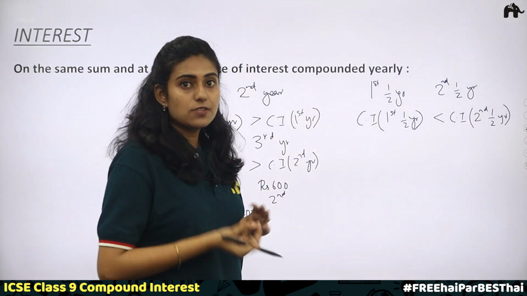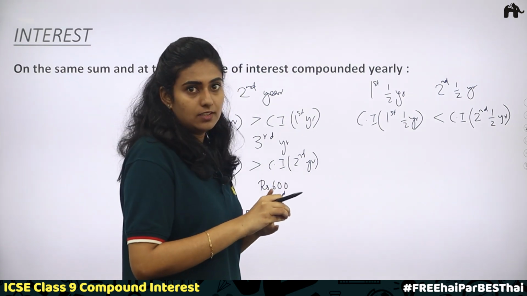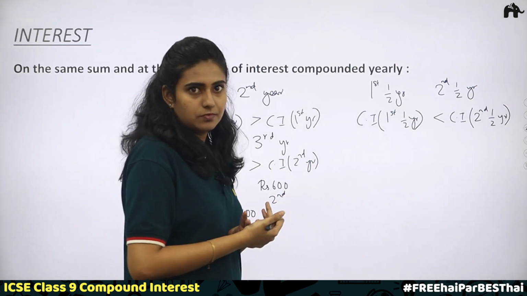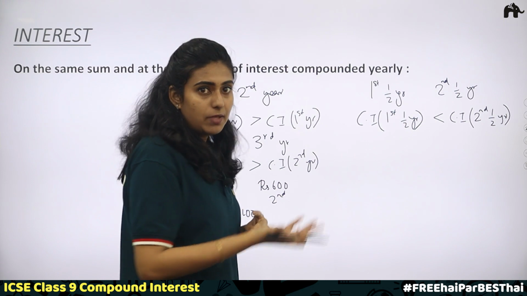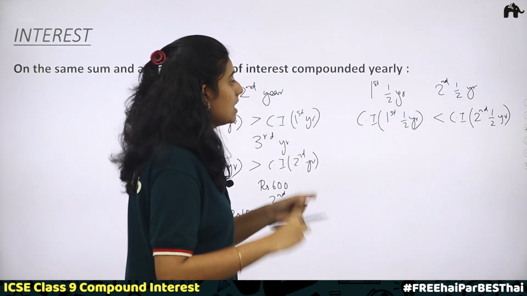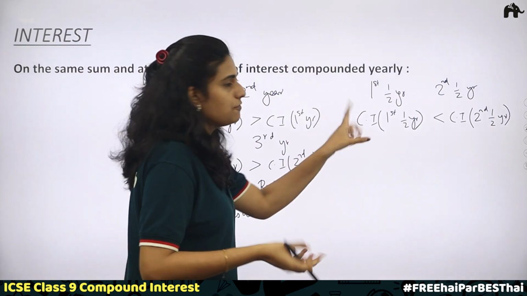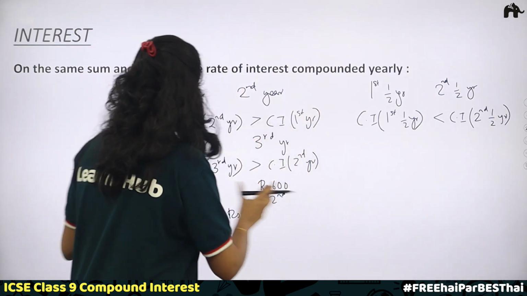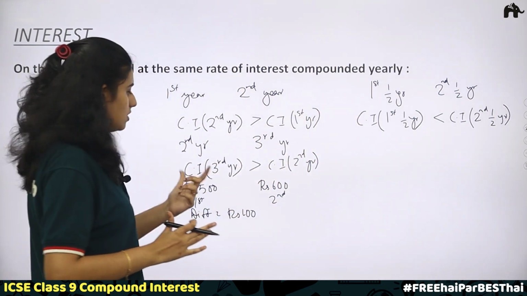Similarly, the compound interest for third half year, third half year meaning the next year, will be greater than the compound interest for the second half year and the first half year. Clear? So, this way you will be getting the difference of compound interest.